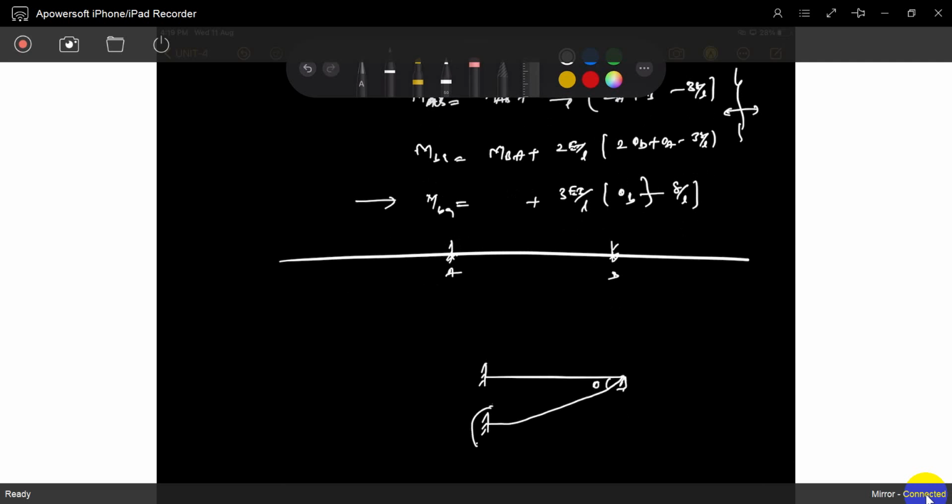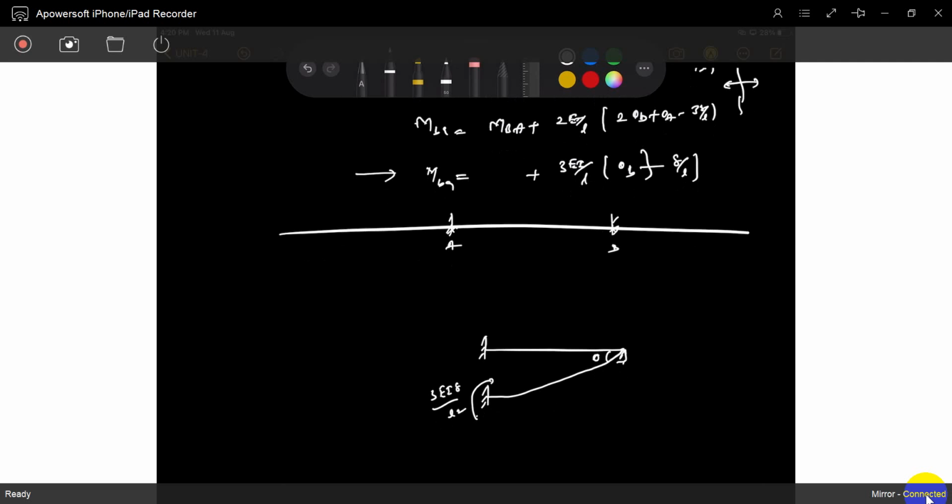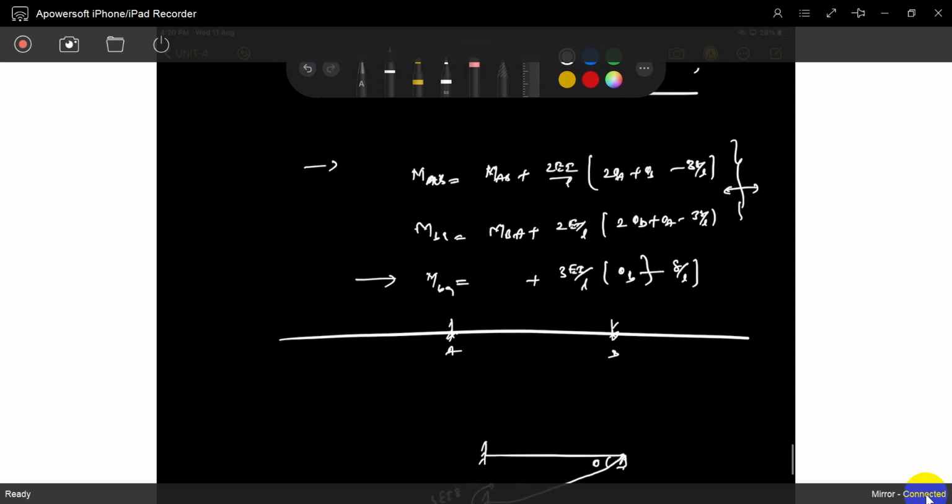The moment developed is 3EI delta by L square, not 6EI delta by L square. We derived the proof also. When both ends are fixed, only then 6EI delta by L square is developed at both ends.